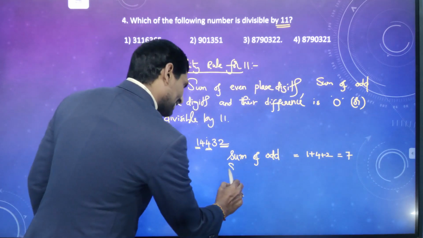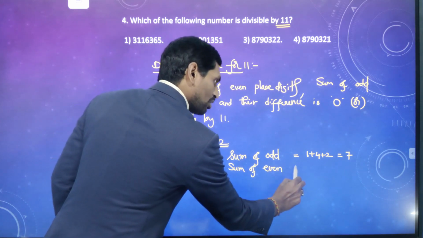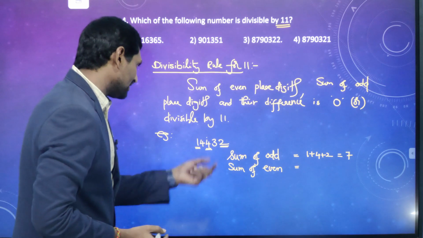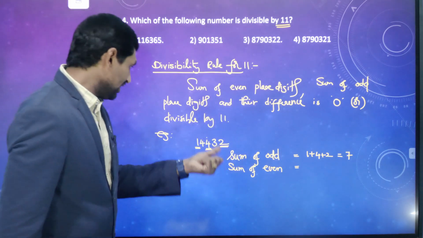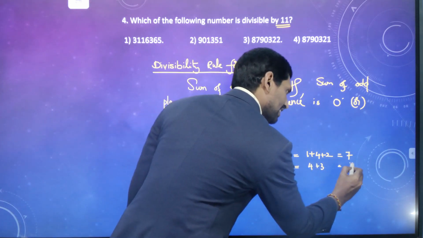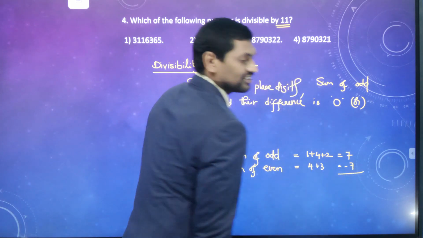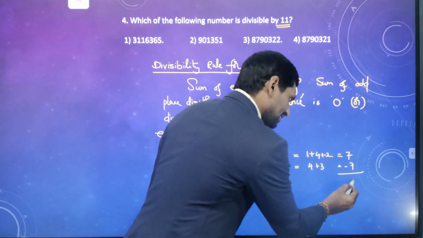Now let us add the even place digits. The even places are the remaining digits which are not underlined. So 4 plus 3 equals 7. And their difference means we subtract both of them: 7 minus 7 is 0.